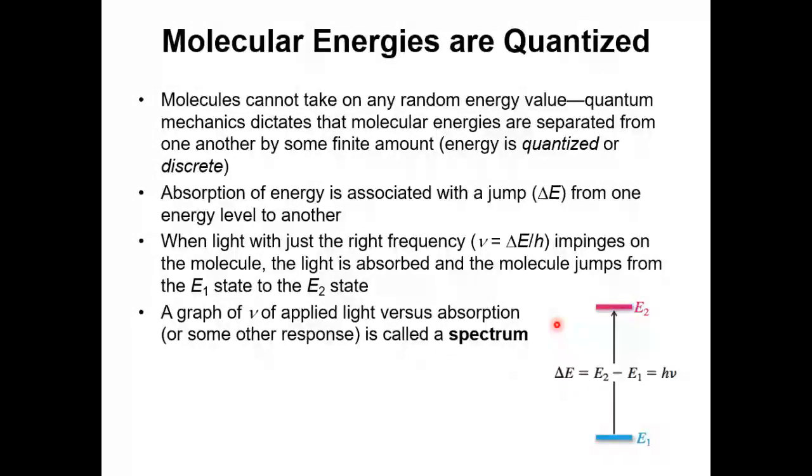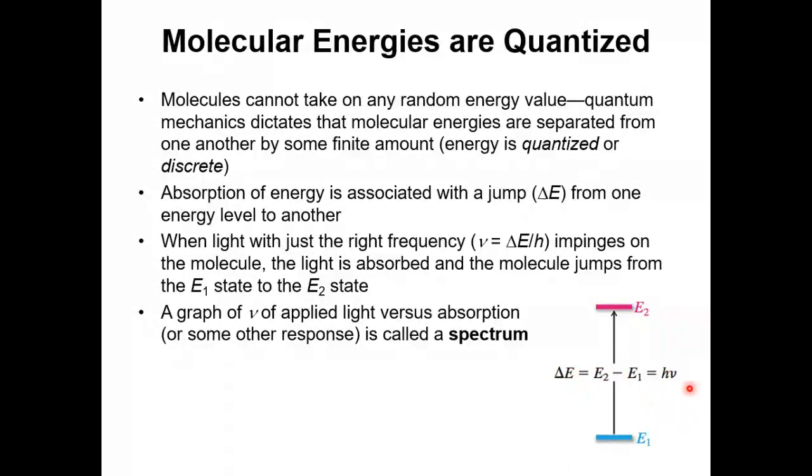And you can use this absorption in another way. If you see that a molecule is able to absorb a photon with this frequency, that immediately tells you that this molecule has two energy levels that are separated by this amount of energy.